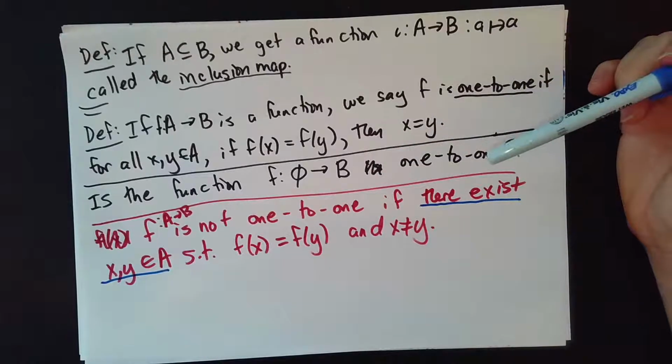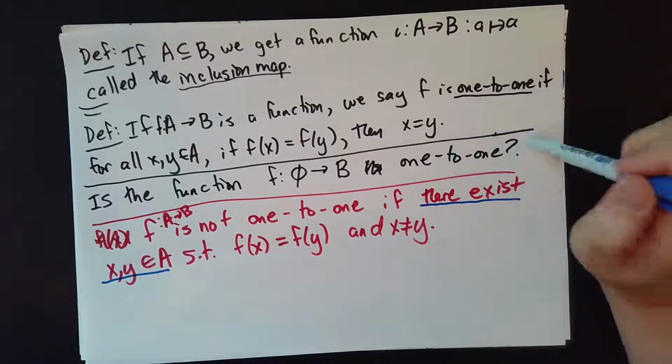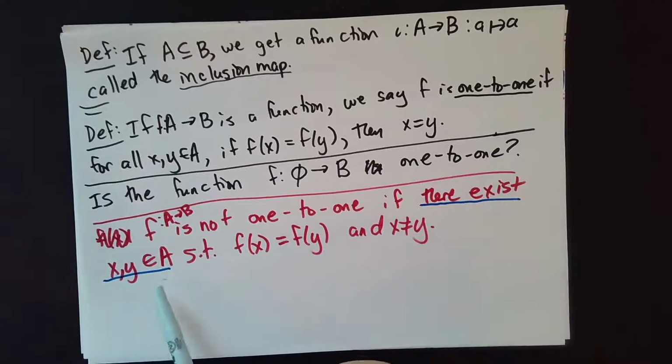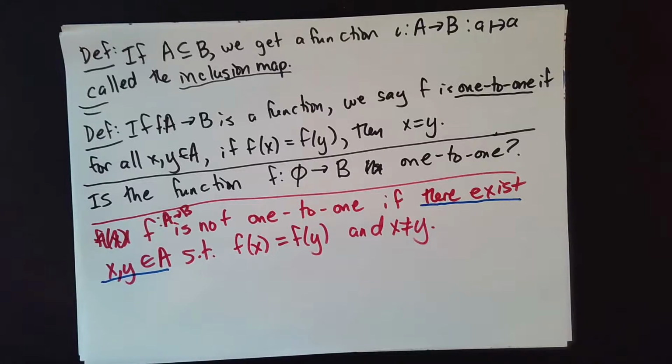Why? Because in order for it not to be 1 to 1, I would need to find elements of the empty set with some property, but I actually don't even care what the property is, because in order to show something is not 1 to 1, I need to write down elements of the empty set, well, that can't happen.